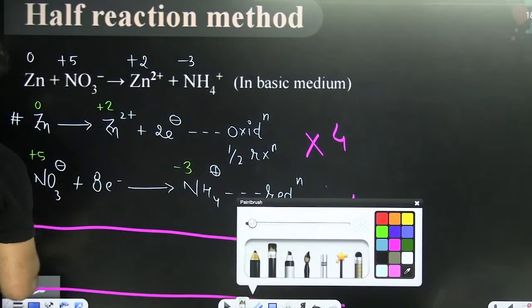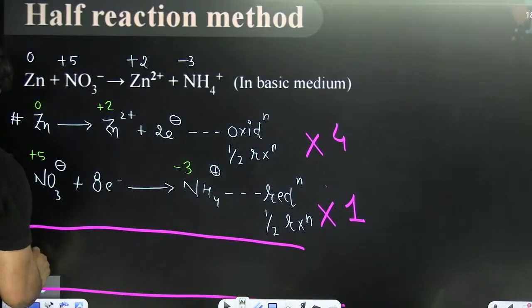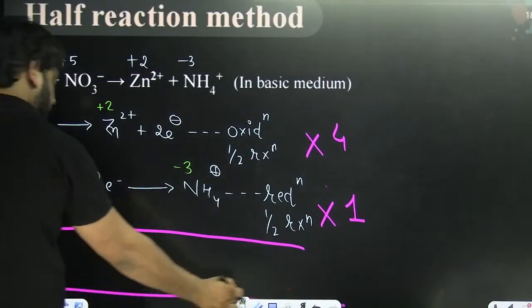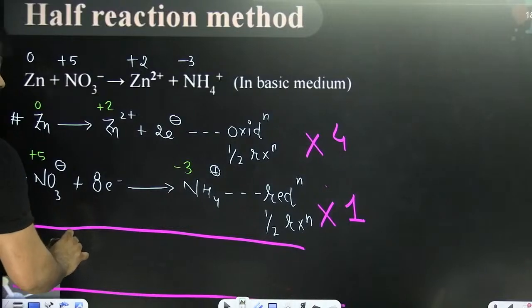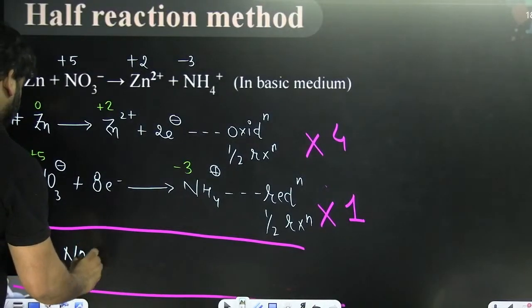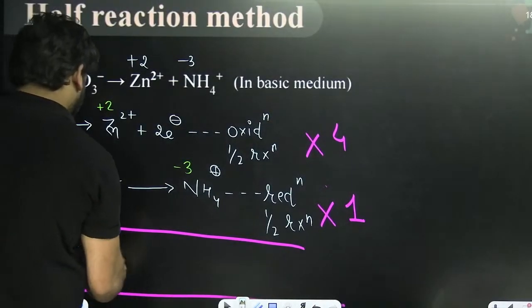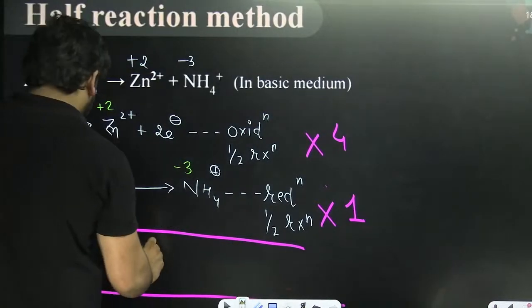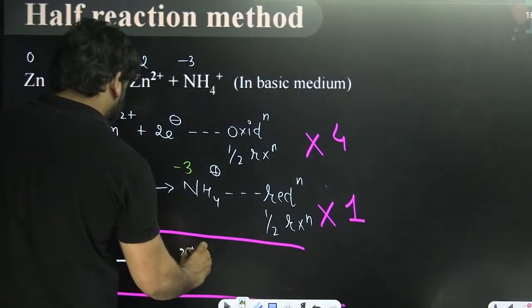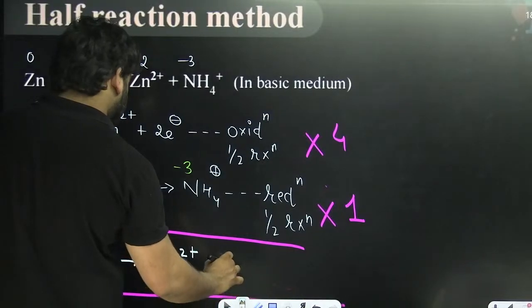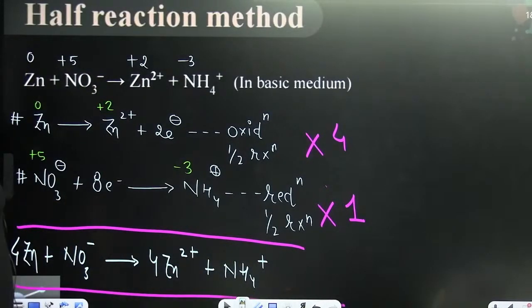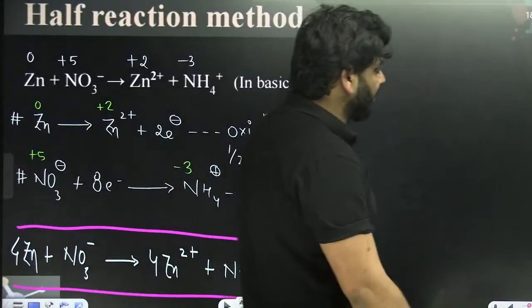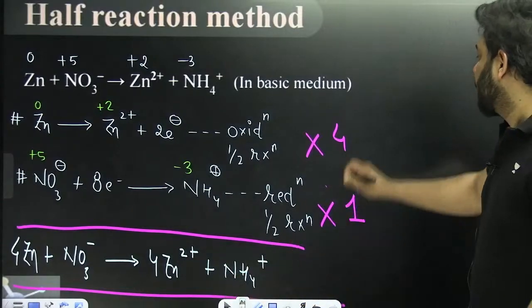So this is 4 zinc plus 1 nitrate, giving you 4 Zn2+ plus simply NH4 ion. So we have got something balanced in terms of number of electrons gained equals lost. This is where we are getting the main equation.